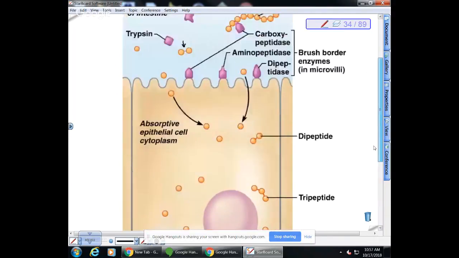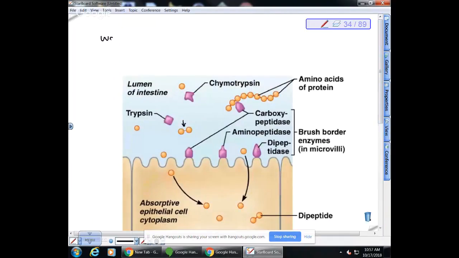And then they get passed to the circulatory system. So what that means is that water-soluble nutrients are taken up by the cell and passed to the capillaries.